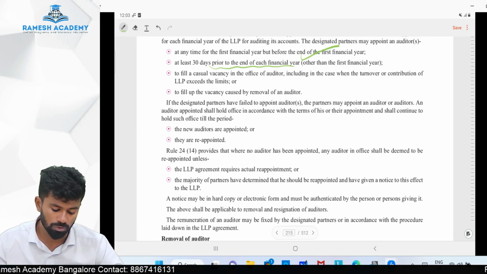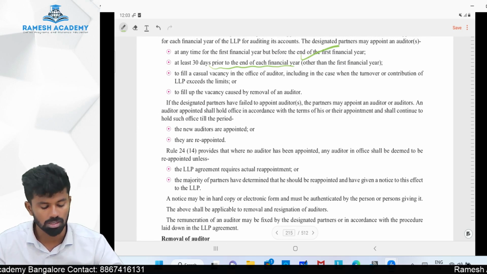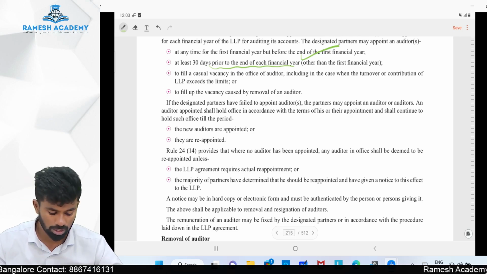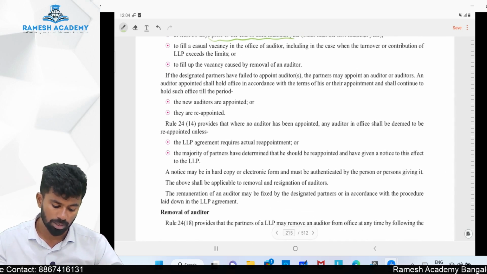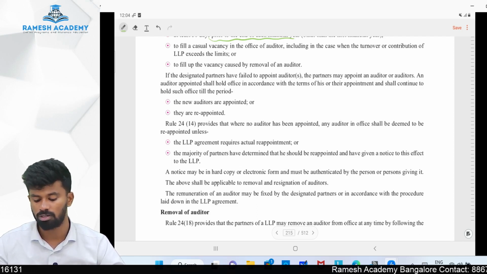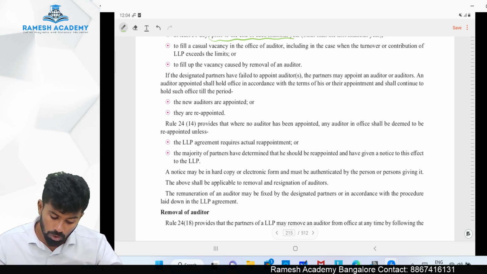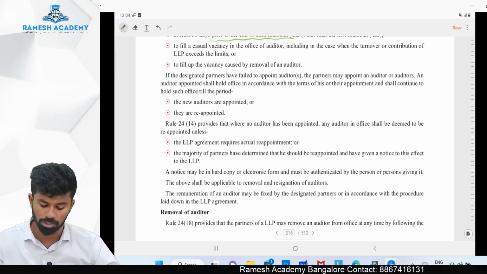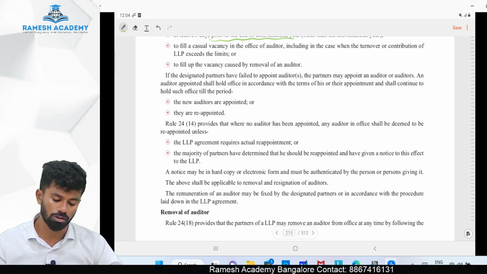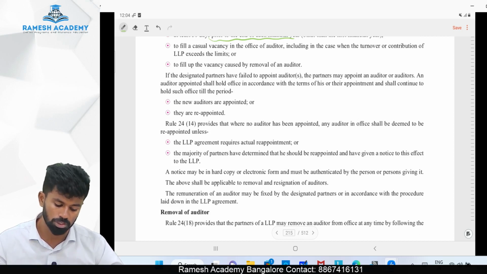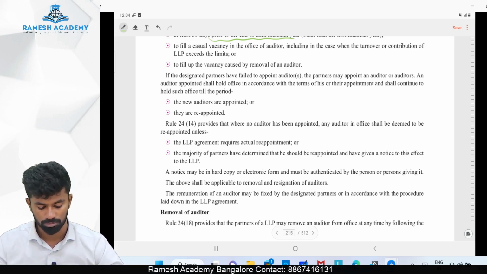To fill the casual vacancy caused by removal of the auditor, if it is removed, partners have the right. If a designated partner has failed to appoint an auditor, the partner may appoint an auditor or auditors. An auditor appointed shall hold the office in accordance with the terms of their appointment and shall continue to hold such office till the new auditor is appointed or they are reappointed.